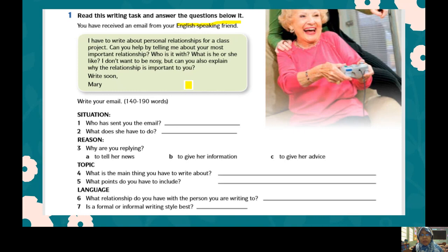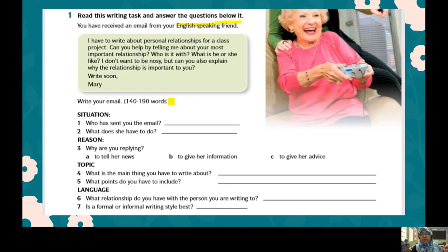I don't want to be nosy, but can you also explain why the relationship is important to you? From Mary. So you have to write your email between 140 to 190 words. This is your task later on that you are supposed to do.